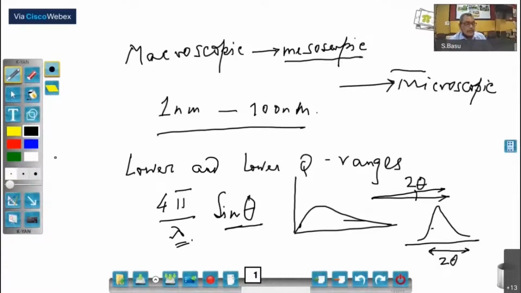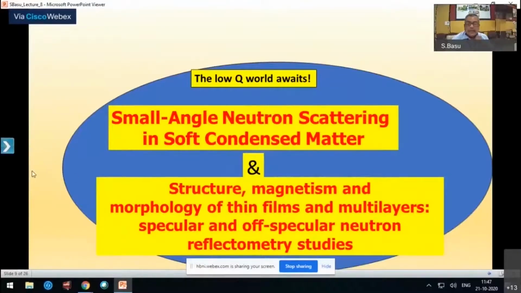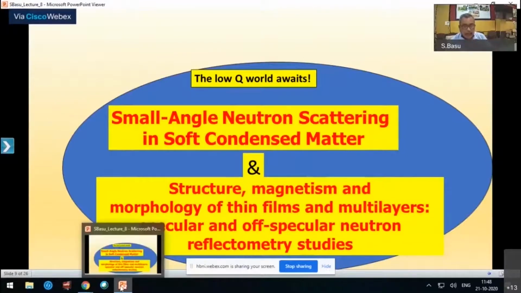With this much of introduction, let me now go to the instruments. Another technique which is routinely used, and actually that is the technique which I have been using for the last 20 years, is the structure of thin films.